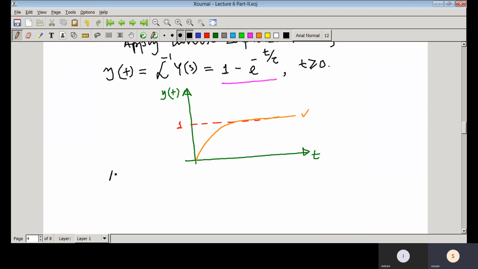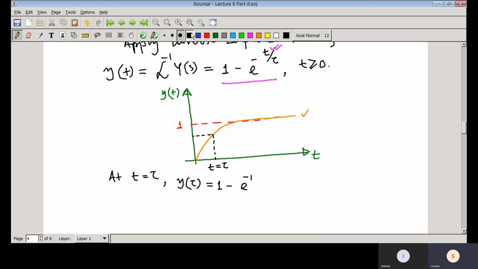So now one interesting thing we can see here, whenever say at t equal to tau, so this is t equal to tau. So if you put t equal to tau, how much value you will get? That is y(tau) would be equal to 1 minus e to the power minus 1, because here if you put t equal to tau, that is minus 1.